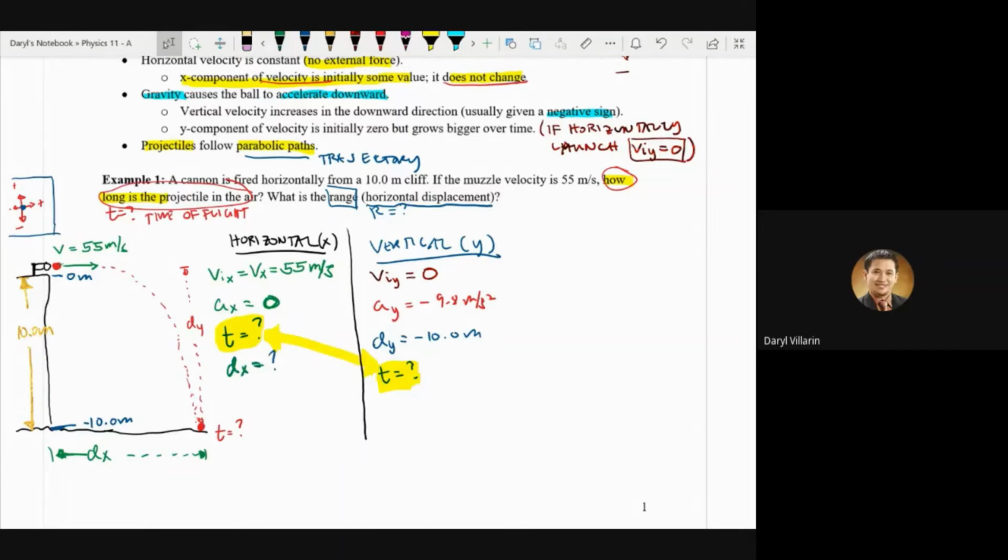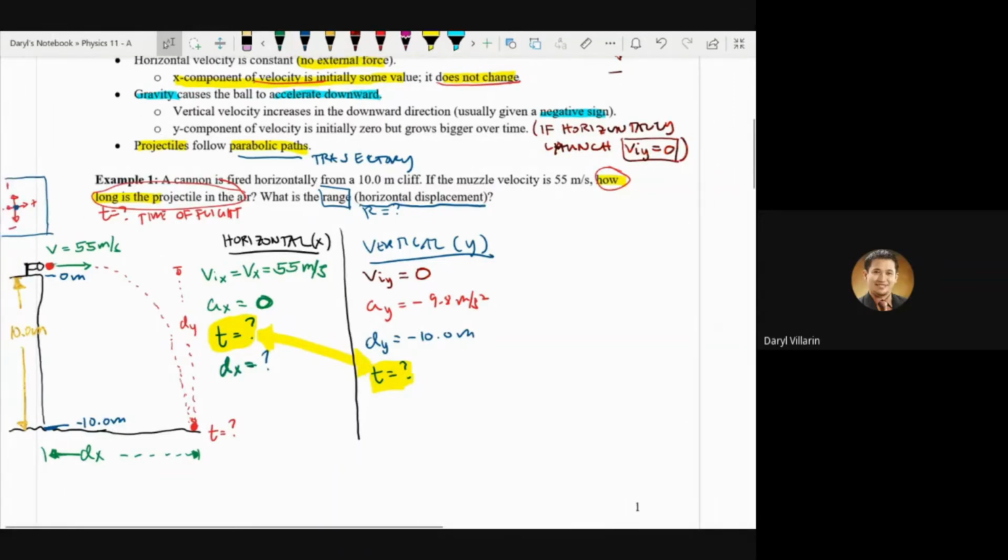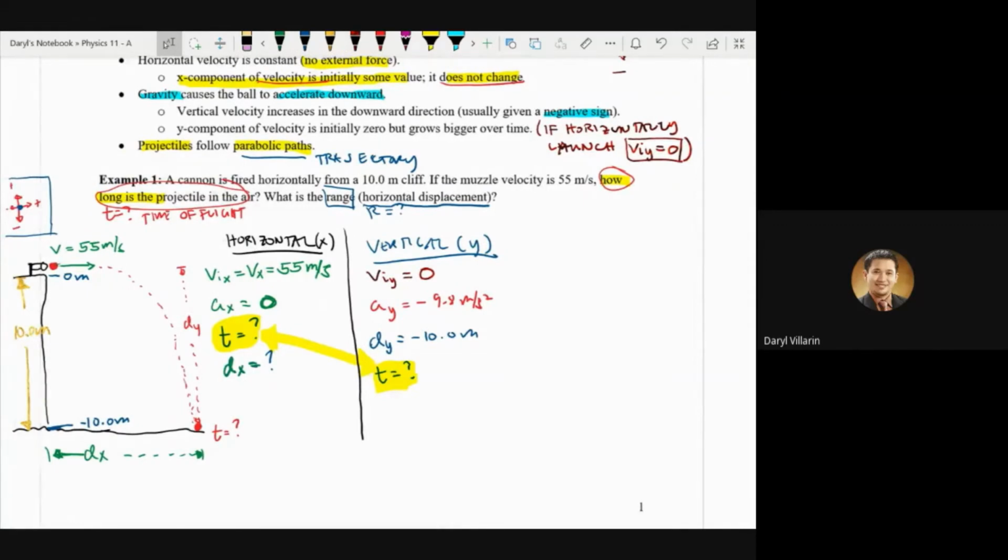To solve for the time here, if you examine all three equations, you can use any of the three if at least three variables are given.